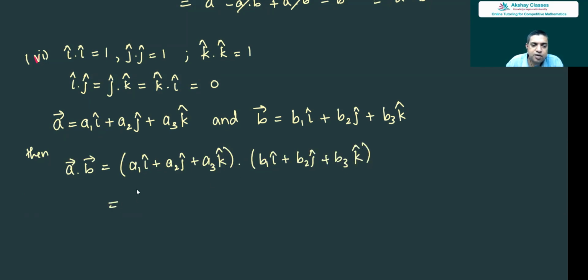So when we take dot product, what do we get as results? I dots with I to give 1. So with the coefficients, we get A1 B1.